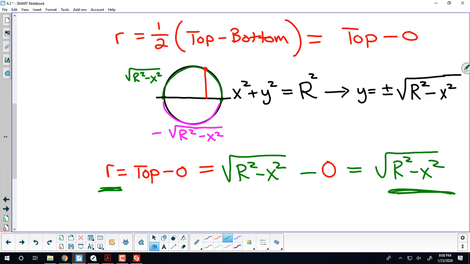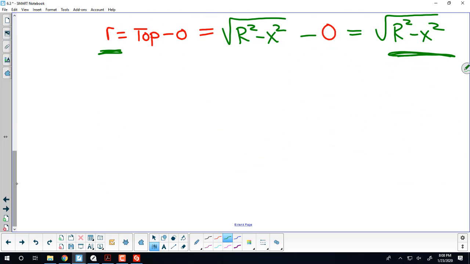All right. So if this is confusing, please email me. Please ask. The way we're reasoning through this is how you're going to reason through every one of these types of problems. So we've got the radius in terms of x. Then that means the area function we can write out now.